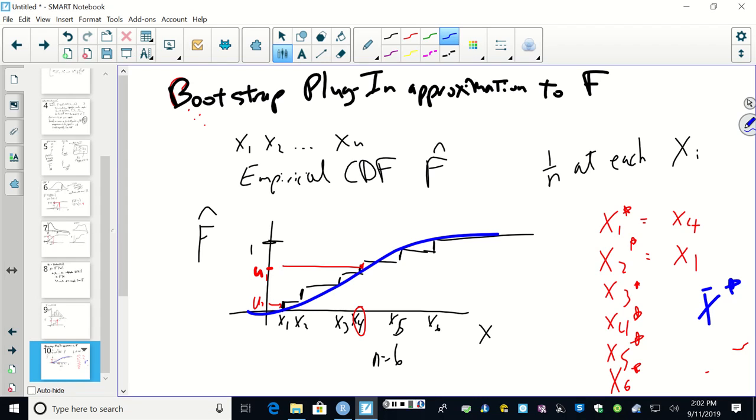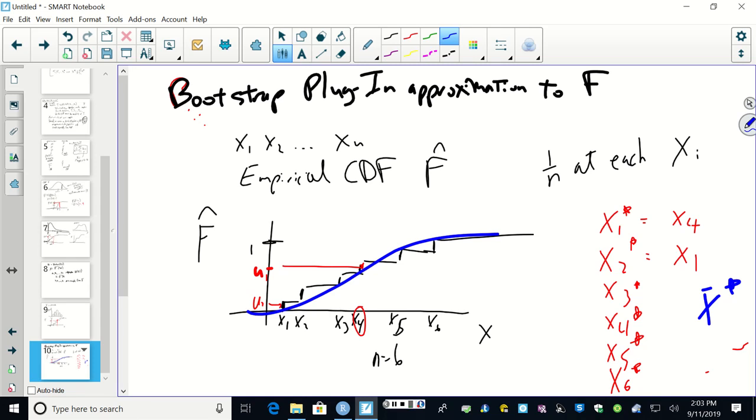Now with the plug-in, there are usually multiple ways you can do one thing. This empirical CDF approach is one way to approximate the distribution, but there are other ways to go about this.